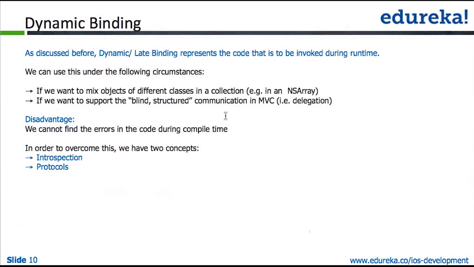It also helps us in MVC because in that case the controller needs to call classes and needs to invoke methods on both the model and the view. So it will not necessarily know the type of each. The disadvantage, excuse me.